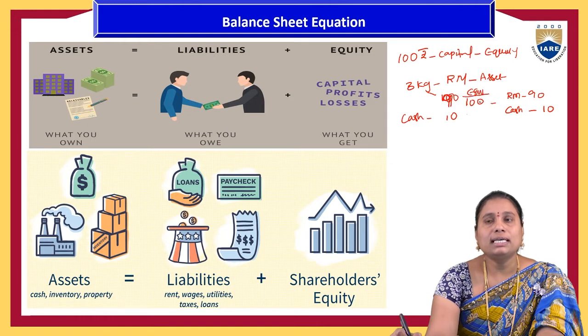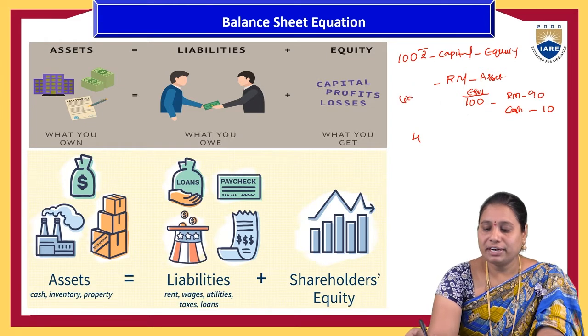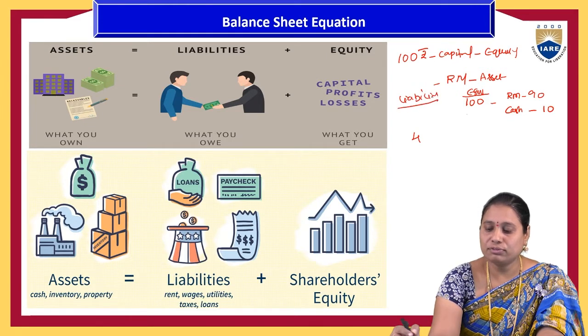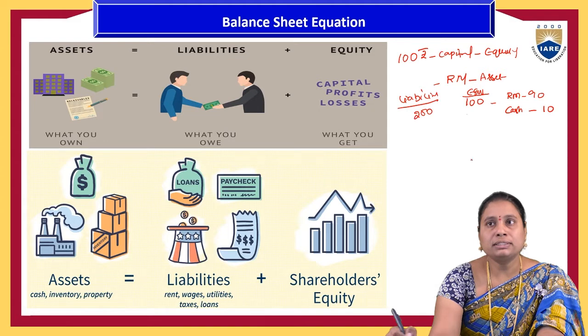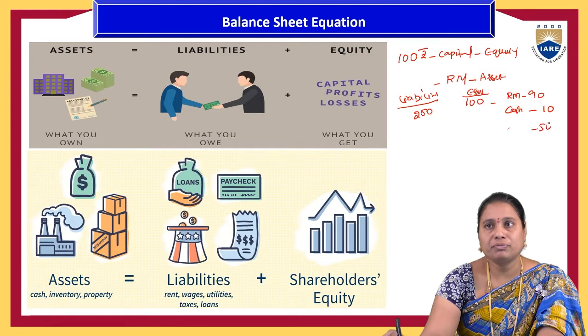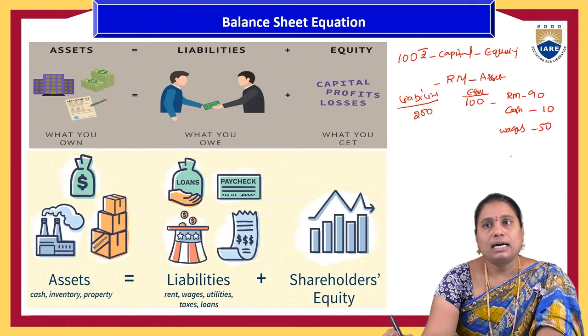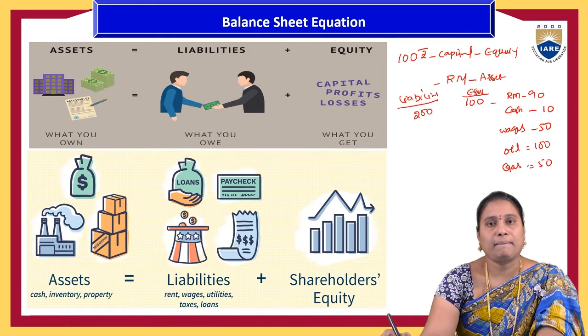Then he has taken some amount from a friend or a bank. He has added liabilities worth 200 rupees. With this 200 rupees, he has appointed a boy by paying 150 rupees as wages, purchased oil for 100 rupees, and a gas stove, or for the rent he has taken 50 rupees.